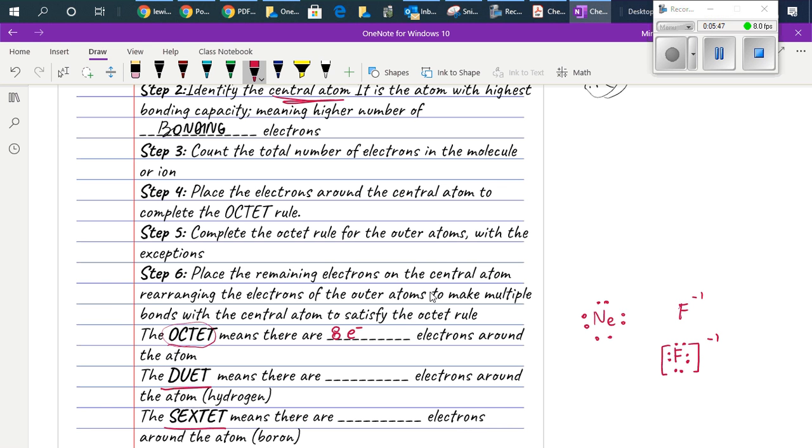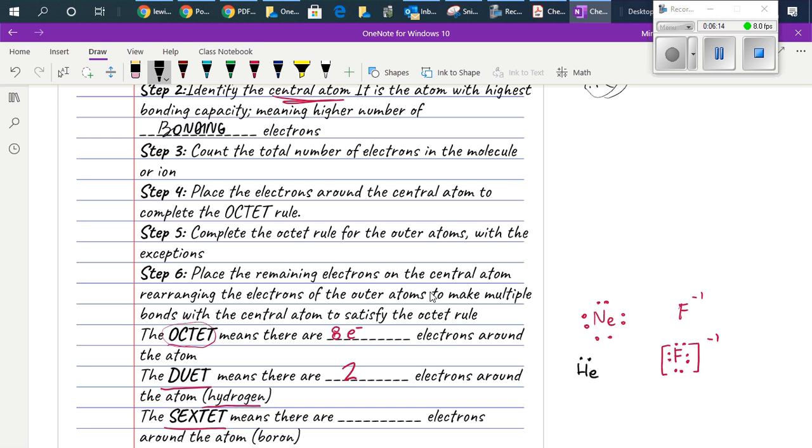However, we have the duet, which means that there are 2 electrons around the atom. The example for it is hydrogen. Hydrogen is happy with 2 electrons, and so is helium. Helium is a noble gas, and it is happy with 2 electrons.